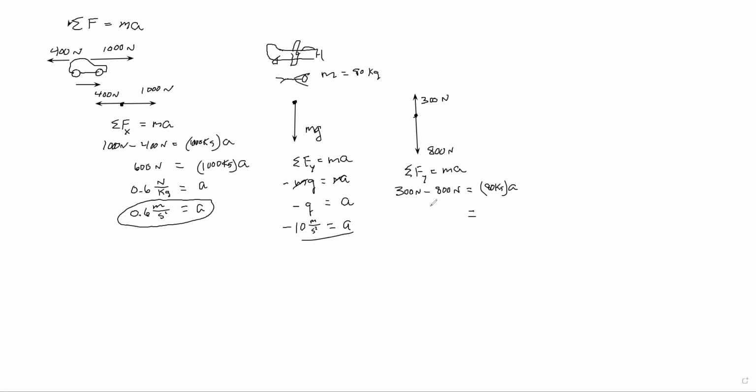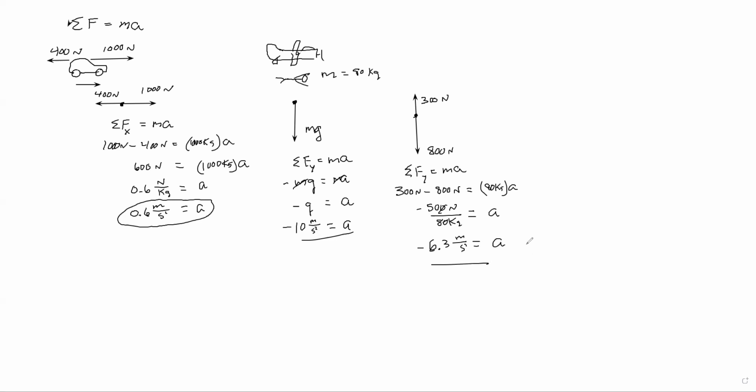We solve this and get negative 500 newtons divided by 80 kilograms, which gives us the acceleration. 50 divided by 8 is 6.25, so about 6.3 meters per second squared, and there was a negative there.